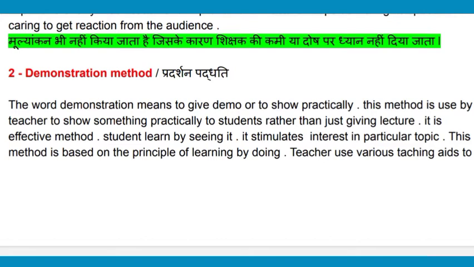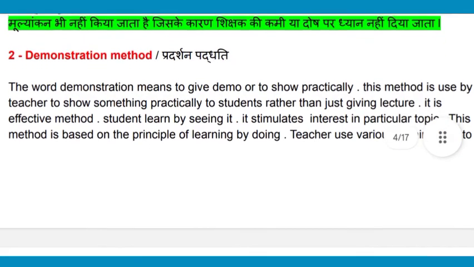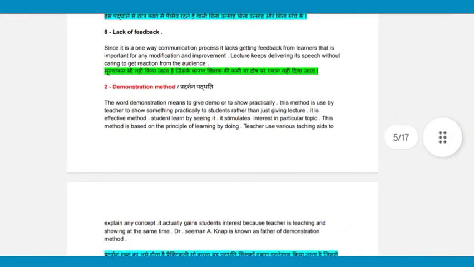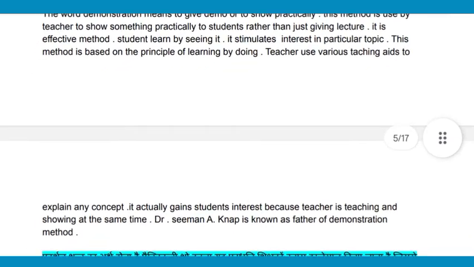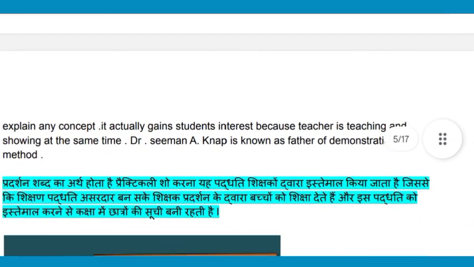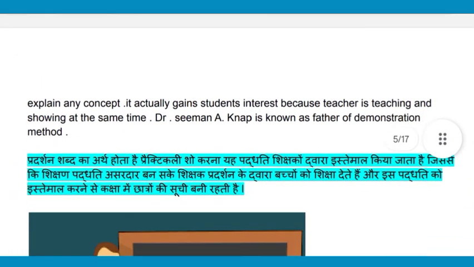And this method is based on the principle of learning by doing. The teacher uses various teaching aids to explain any concept. It gains students' interest because the teacher is teaching and showing at the same time. If the teacher is just giving a lecture, then sometimes the class becomes boring.